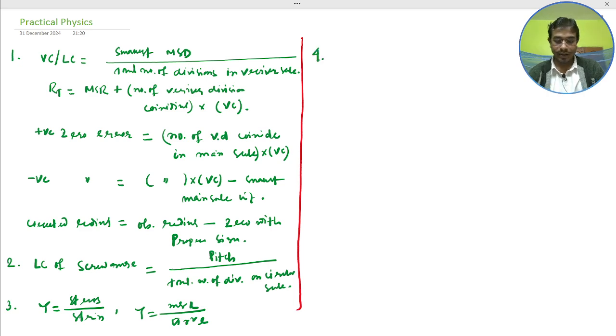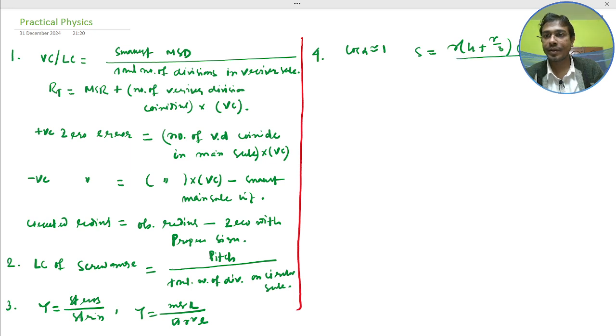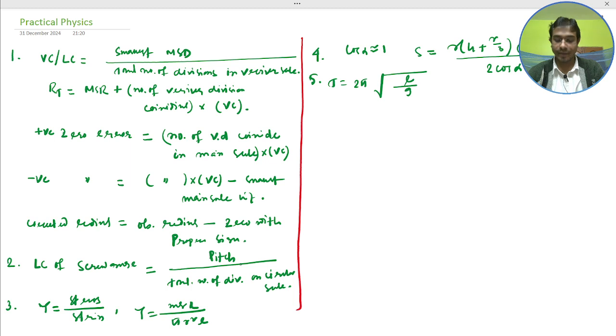Next, the surface tension of liquid by the capillary rise method for water, where cos alpha is nearly equal to 1: S is equal to rho g r (h plus r by 3) divided by 2 cos alpha. Next, the time period of the pendulum T equals twice pi root over displacement by acceleration.